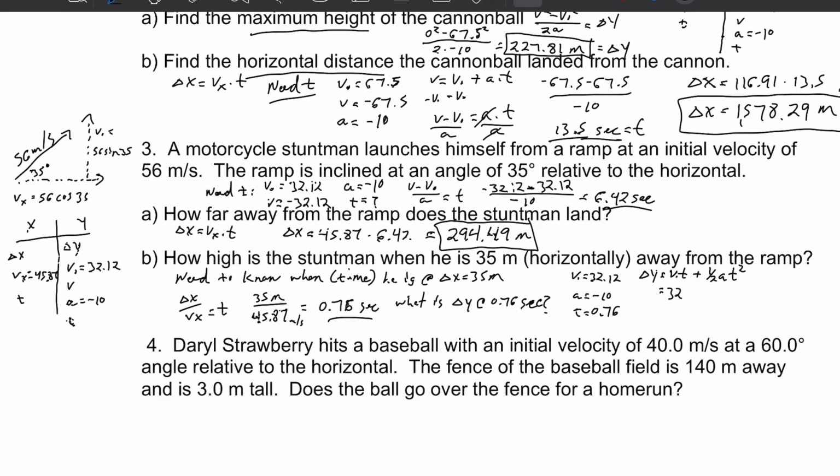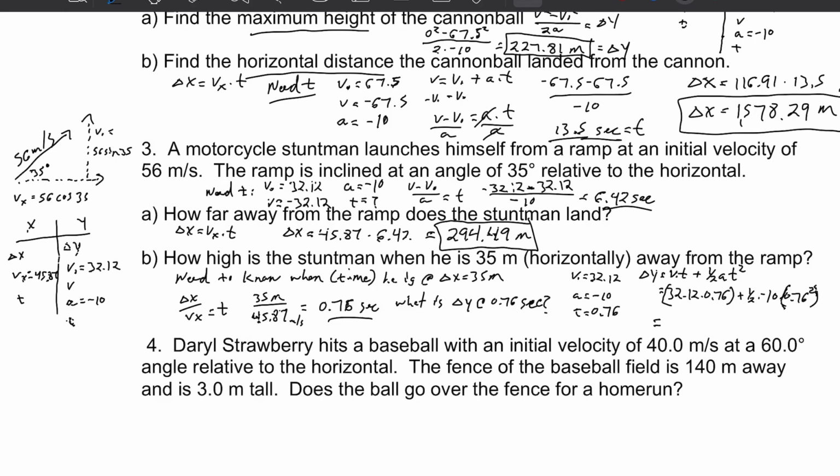V naught is 32.12, and we're going to multiply that by 0.76. And then we're going to add in 1/2 times negative 10 times 0.76 squared. The first part of the equation, I get 24.41. It's really 24.4112. And on the second half of the equation, I would do 0.76 squared, and then half of negative 10, so multiply by 5.